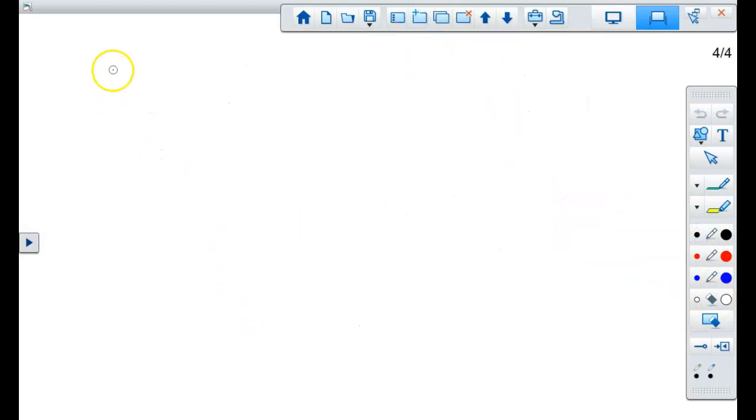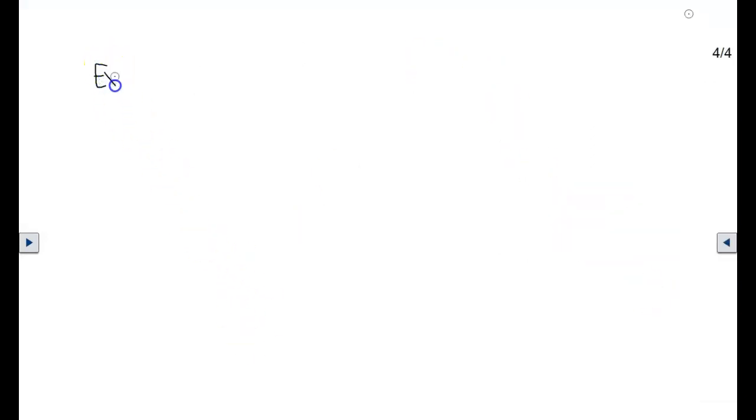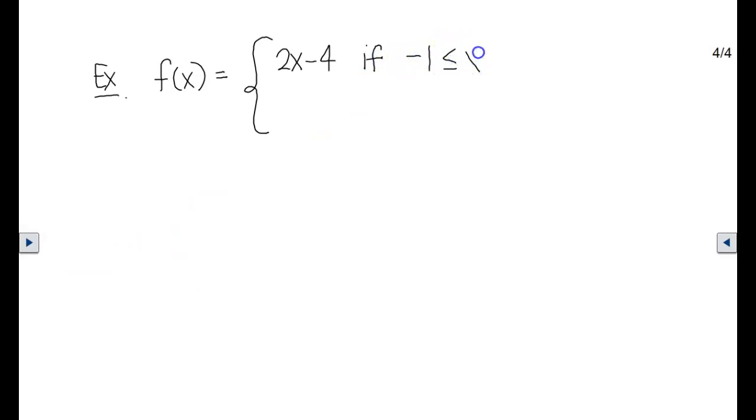All right, let's look at one more. f of x equals 2x minus 4 will be the rule if negative 1 is less than or equal to x and x is less than or equal to 2.